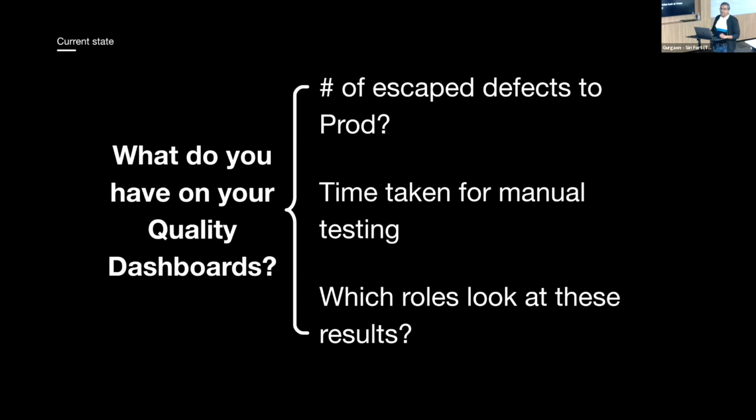Now, coming back to the earlier point about multiple dashboards, who looks at these results? Who looks at these dashboards? Depends on who's bothered about a particular quality gate. Let's not talk philosophy. In your team, who looks at the dashboard? QA manager, Scrum Master.